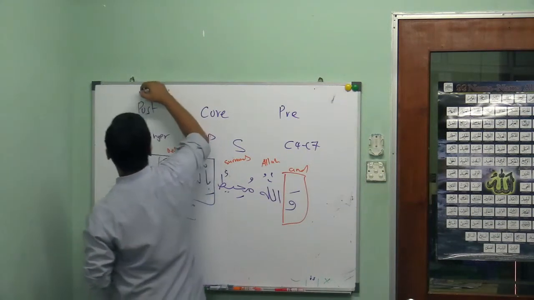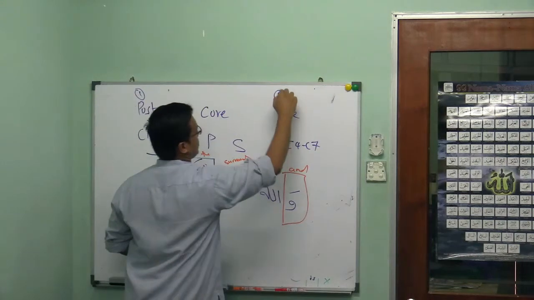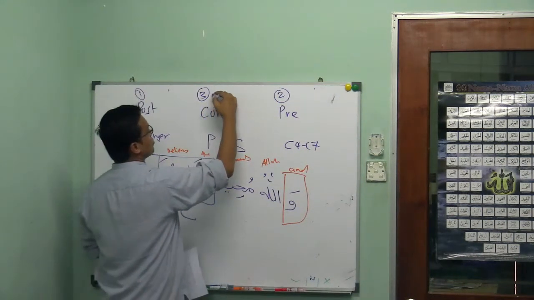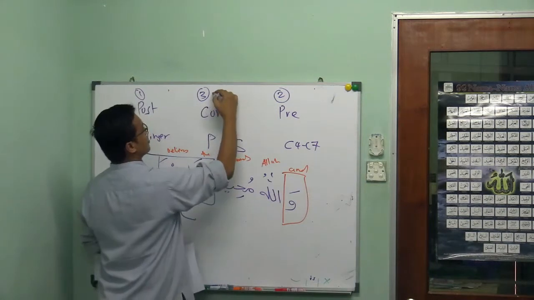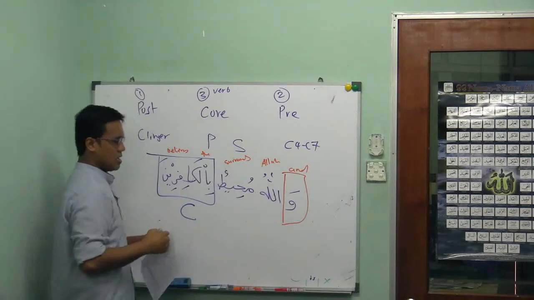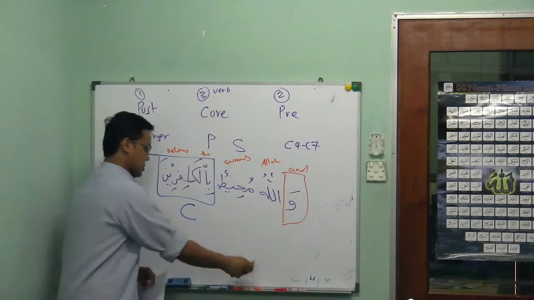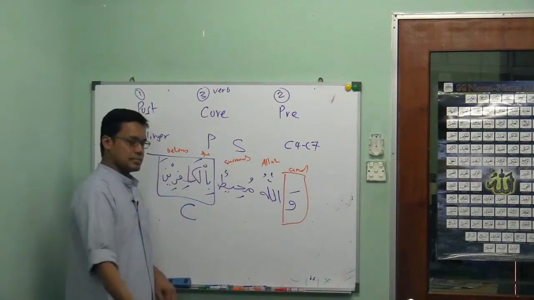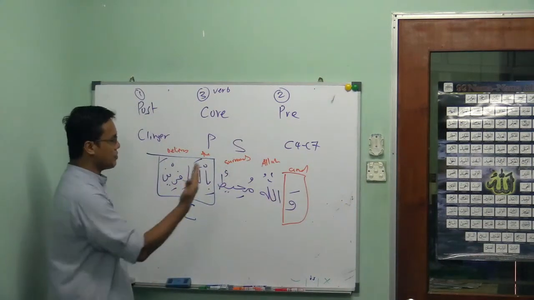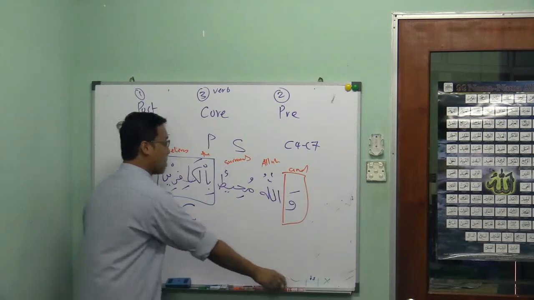First, you look at the post. Second, you look at the pre. And third, for nominal sentence, you look whether there's a verb or not. Look for the verb. When there's no verb, it means that khalas, this is confirmed a nominal sentence. Is there a verb? No verb.